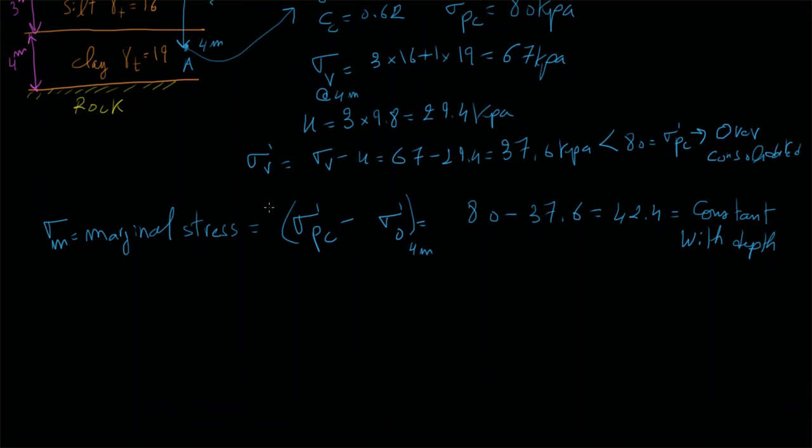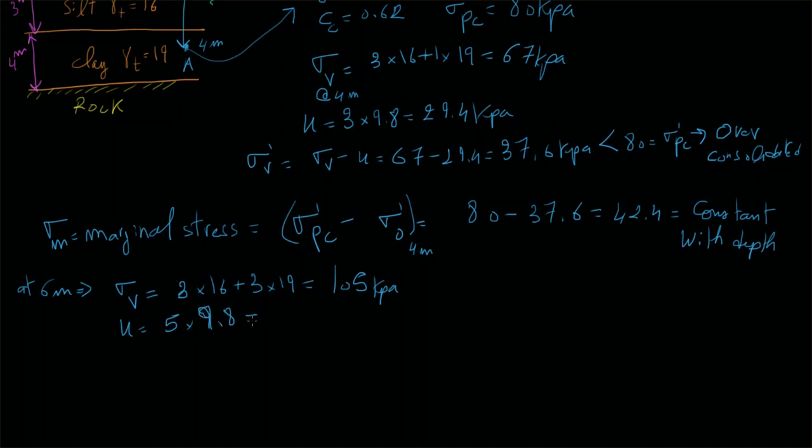So basically, if I want to find this at 6 meters, I need to find the effective vertical stress at 6 meters. My sigma V is 3 meters of silt plus 3 meters of clay, which is 105. The pore water pressure is 5 meters times 9.8, which is 49 kPa.